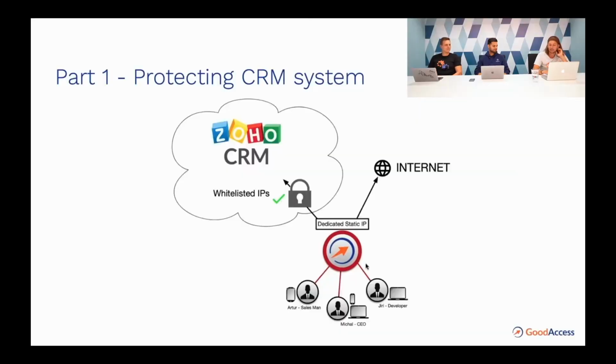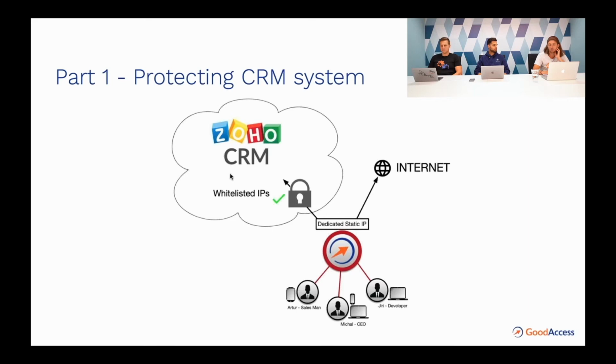Okay, perfect. So we will create a GoodAccess gateway which will be dedicated to the Event Company, just to them, with their dedicated private static IP address, which is a unique identifier on the global internet. We will have all team members connecting through this gateway to the internet and also to the Zoho CRM.